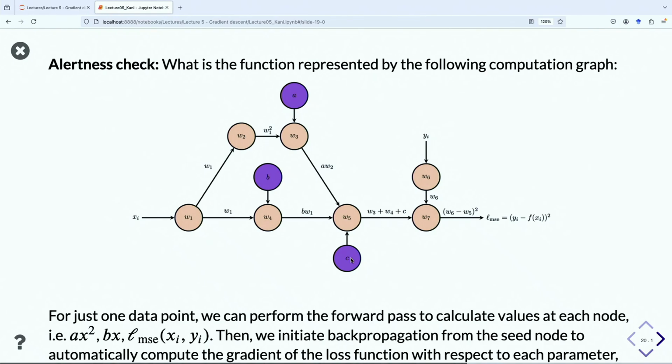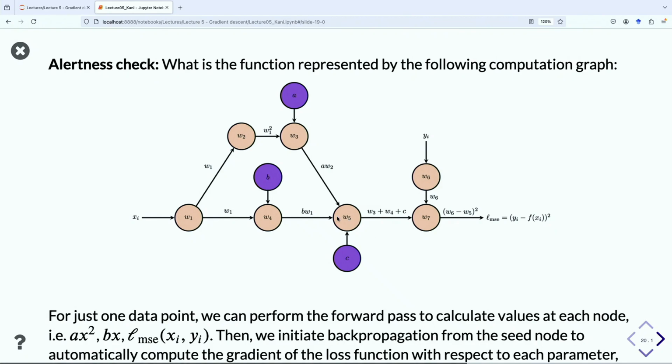In this case, we have a, b, and c parameters. So let's say x is propagated, w1 is simply equal to x, it's just a fan out. So w2 outputs x squared, and then w3 outputs a times x squared, okay?